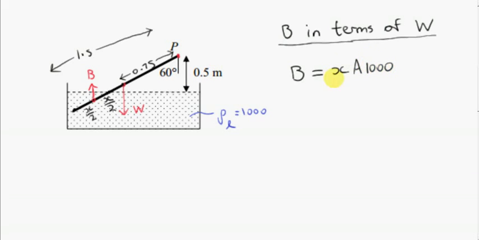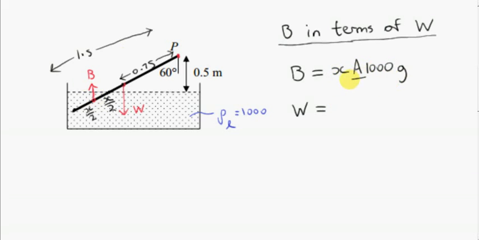Because by Archimedes' principle, the buoyancy is the weight of liquid displaced. So the volume of liquid displaced equals the volume of the immersed part of the rod, and the density of water is 1000. And we multiply by G to get the weight of water displaced.